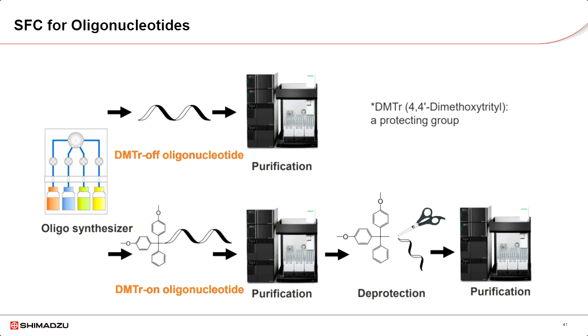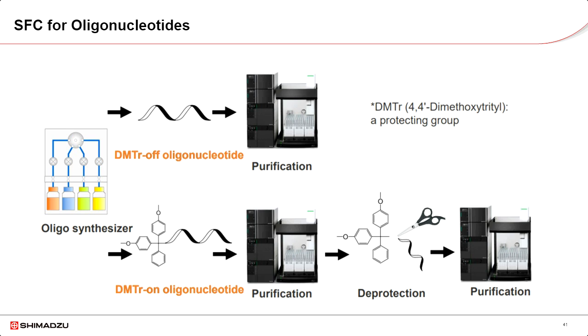When we think about the workflow for synthesized oligonucleotides, we have the ability of creating those synthesized nucleotides with either a protecting group attached or without. By providing the protecting group, we can often achieve greater stability over time, less lability in process, but we add an additional step to the purification of those synthesized oligonucleotides, meaning that we have to first perform a purification, then deprotect, and purify again.